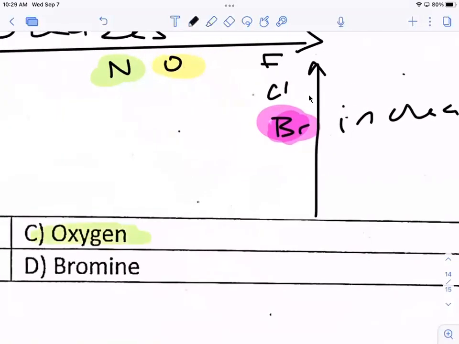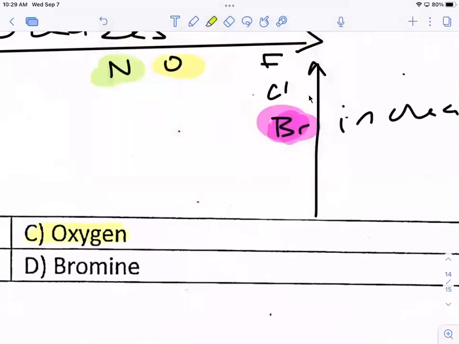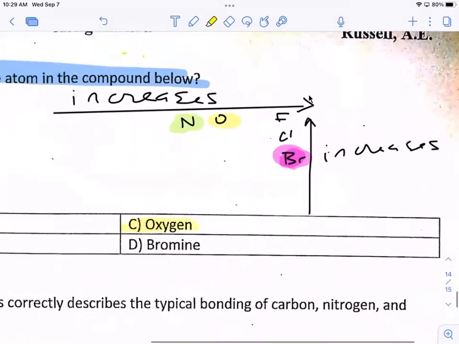Be consistent. If you look at the periodic table, there are a few you could Google that have the electronegativity values listed. But oxygen is the most electronegative out of all the atoms there.